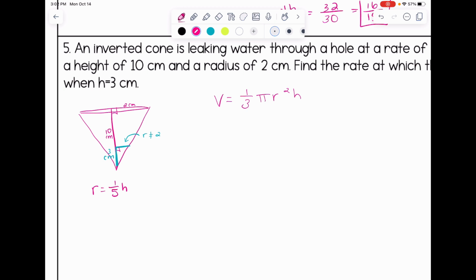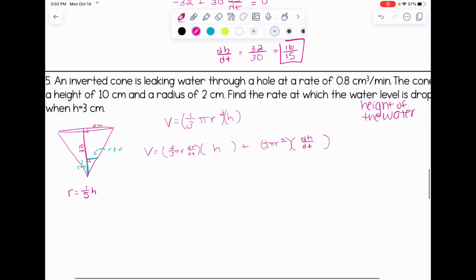But if I do that here, so let's pretend, those of you who are copying notes onto a worksheet, you might not want to copy it yet, but let's pretend I was doing the product rule and finding the derivatives. The derivative of 1/3 pi r squared would be 2/3 pi r dr/dt, because it's still implicit, times dh/dt.